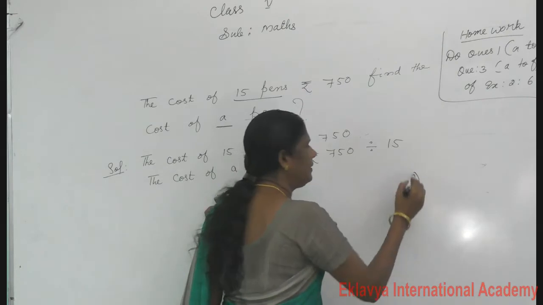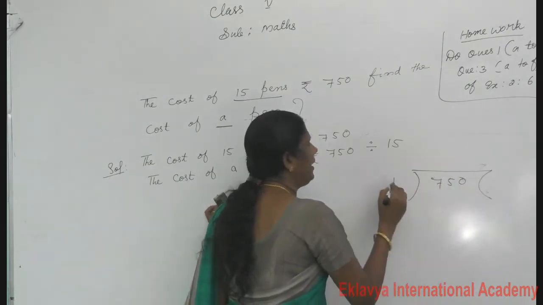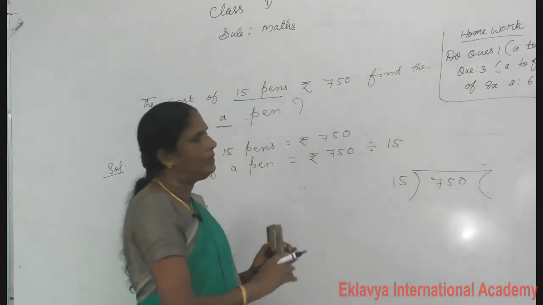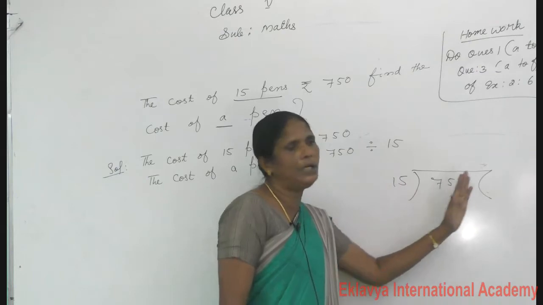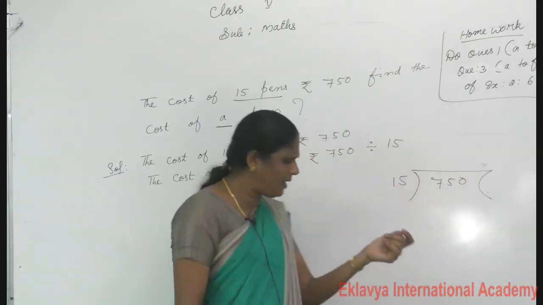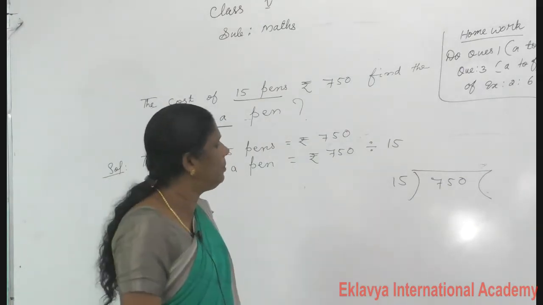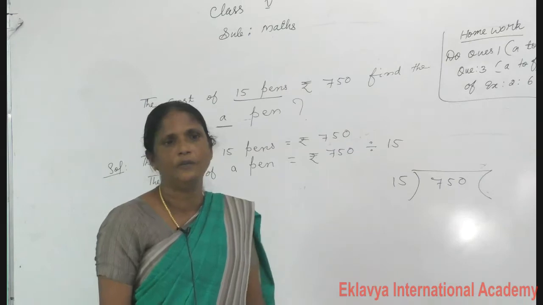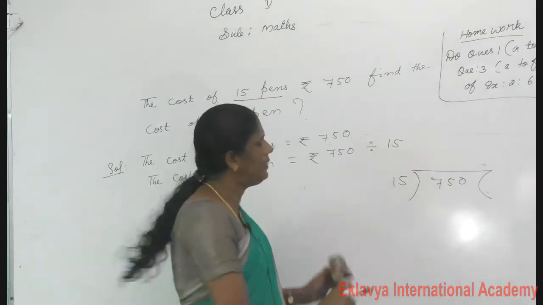Again we divide on the side of the notebook. 750 divided by 15. How many times does 15 go in 75? Say the table of 15: 15 1s are 15, 15 2s are 30, 15 3s are 45, 15 4s are 60, 15 5s are 75.